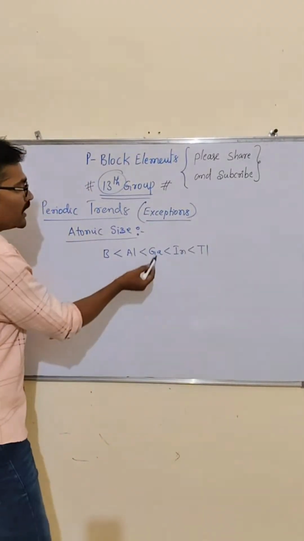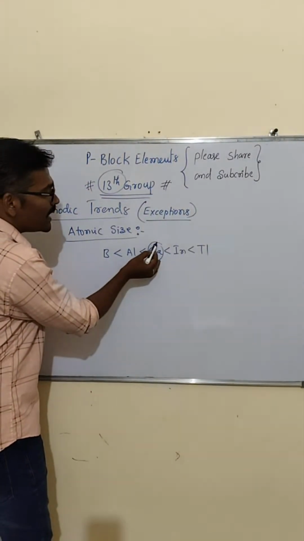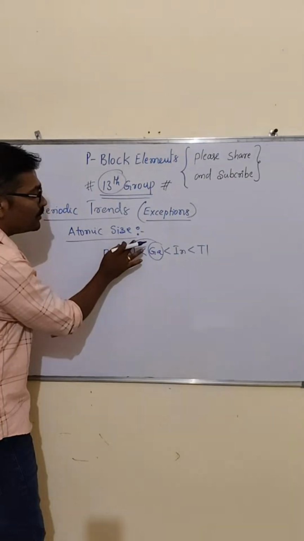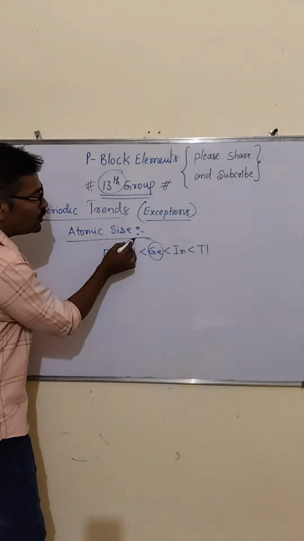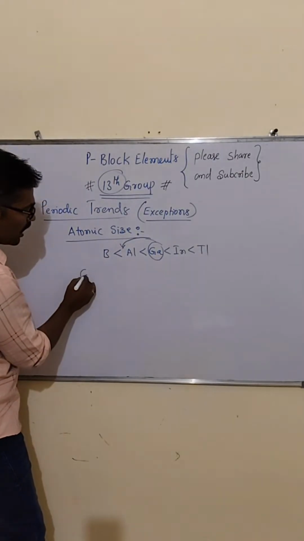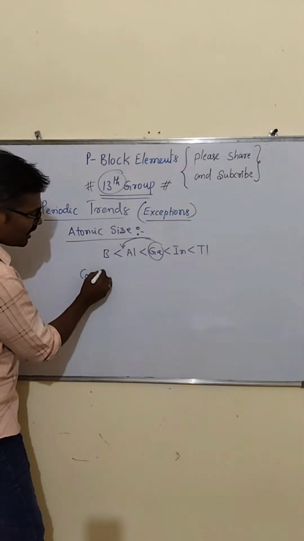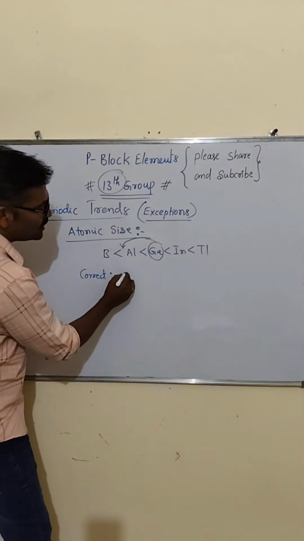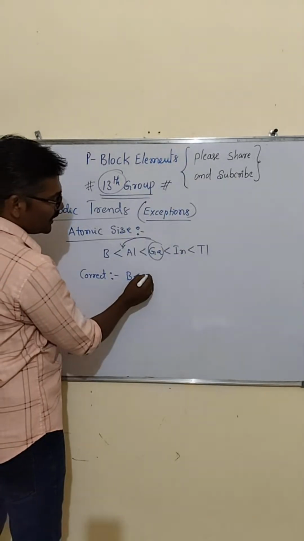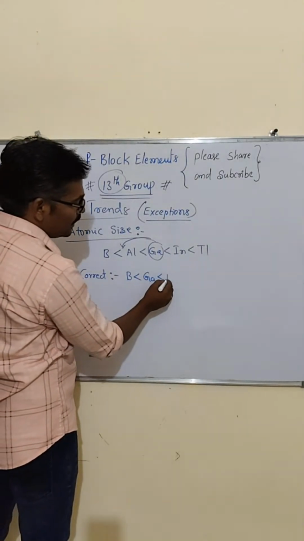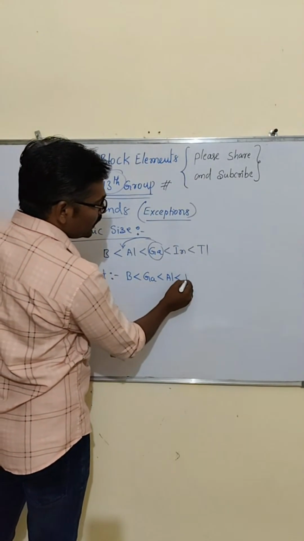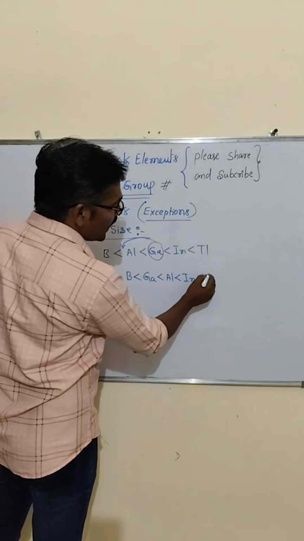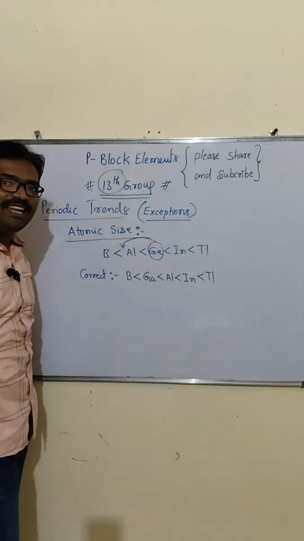Gallium is smaller in size compared to aluminum. So now the correct order is boron, then gallium, then aluminum, then indium, then thallium. Clear?